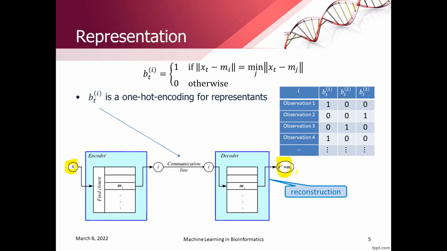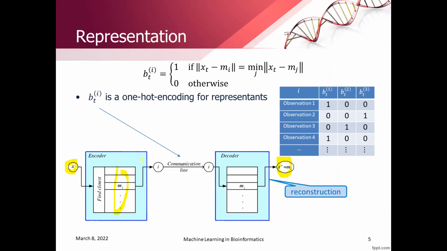And what can we do? We can transfer the index for the reference vector. So we have the set of reference vectors, which are here. On the left, we take the observation and look at which of these reference vectors is the most similar, so closest to the observation. And the index of the reference vector we will transfer through the channel.